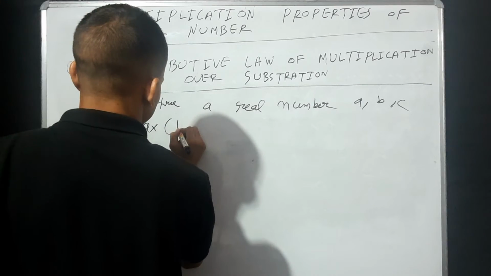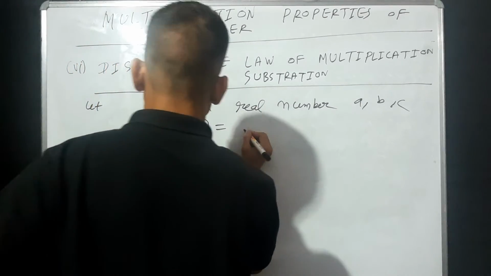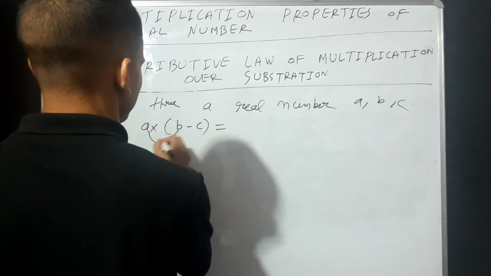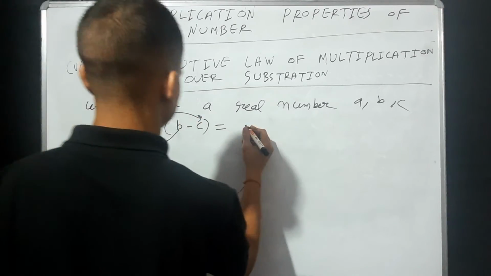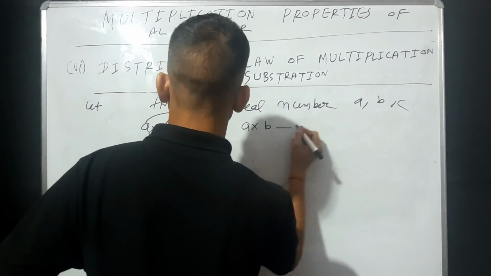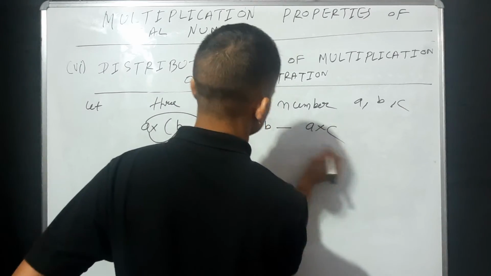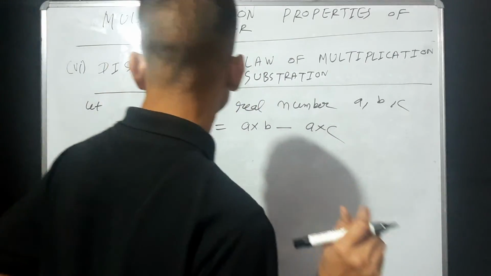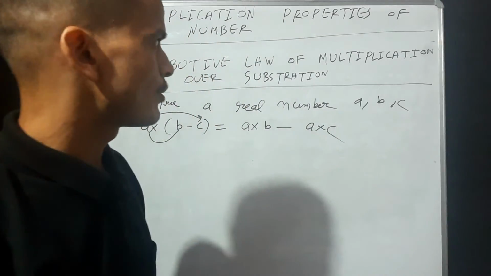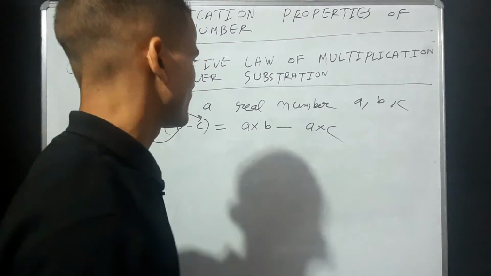We take A times (B minus C). The result is that we multiply A and B, and A and C also: A times B minus A times C. So this is known as the distributive law of multiplication over subtraction.